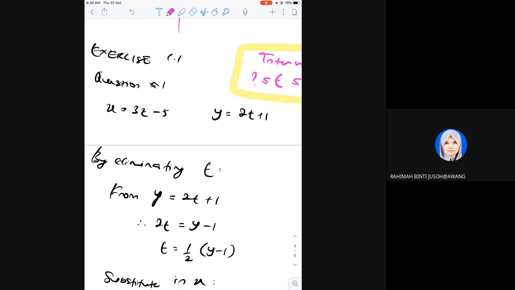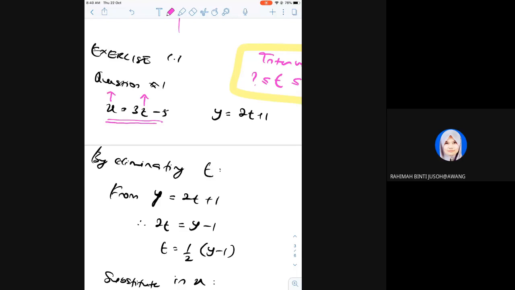Okay, so now you have to think logically in your mind, when you increase the values of t, what happened to x? Increase or decrease? Secara logik. Bila t meningkat, of course, x also increase.